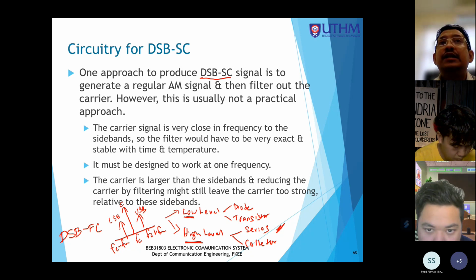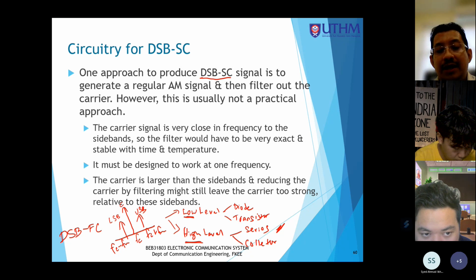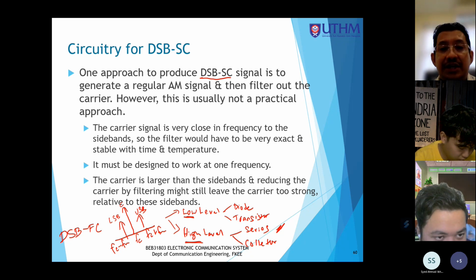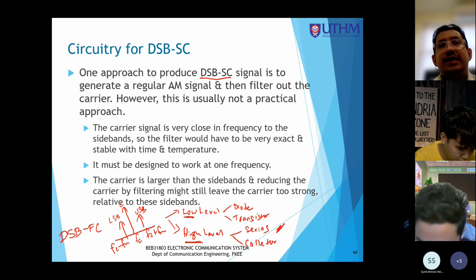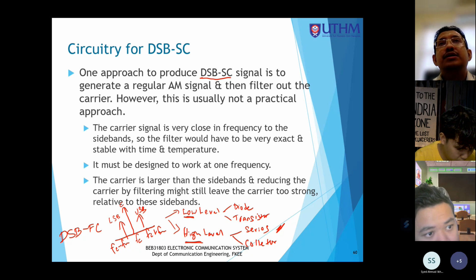So kalau high level ni kita boleh terus transmit sebab dia punya amplitude sudah besar dan sesuai untuk dihantar ke dalam medium.